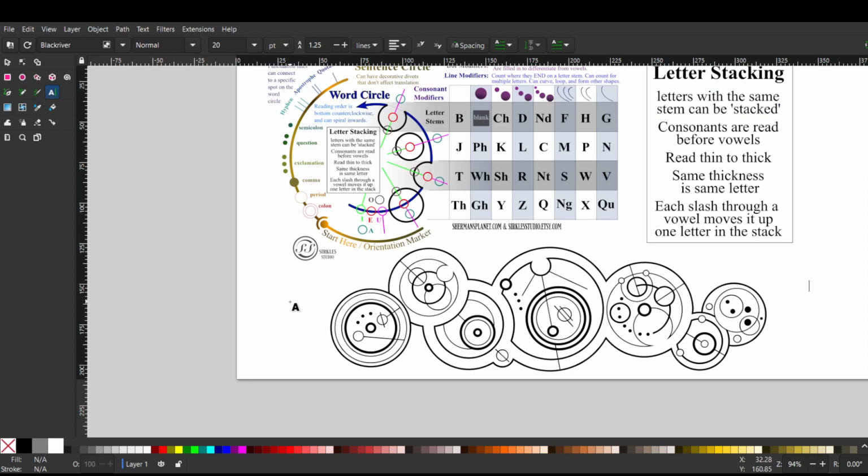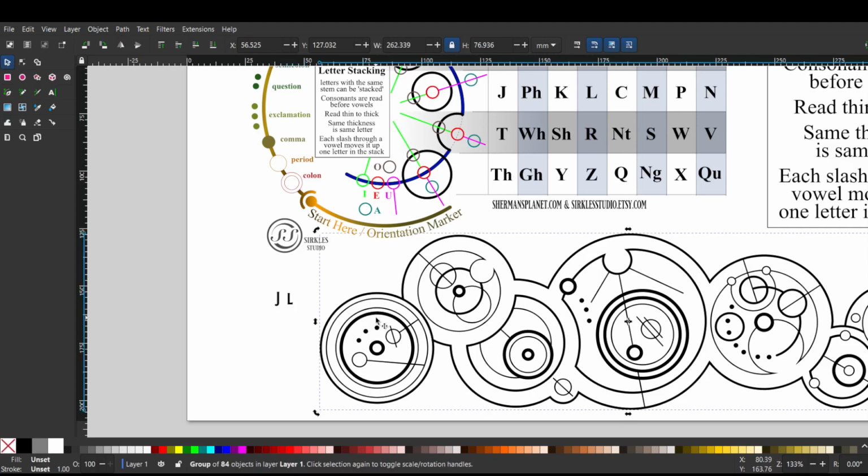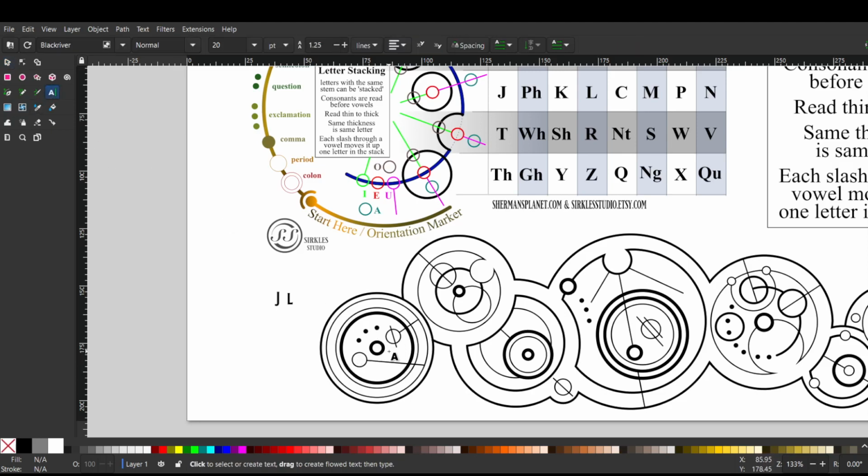Let's take a look at our consonants. We had that J, and then we have the L. So those are our 2 consonants, J and L. And then we have the I, E, and U. These 2 have the same thickness.